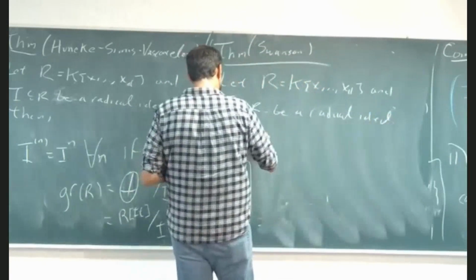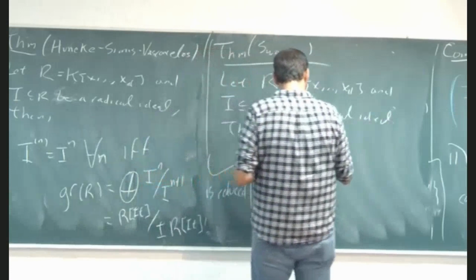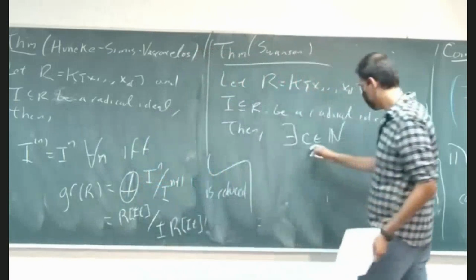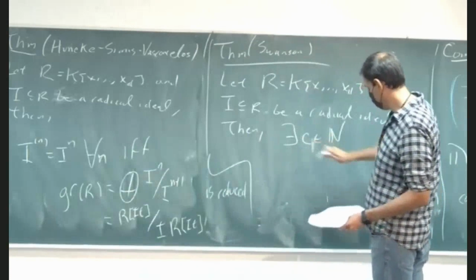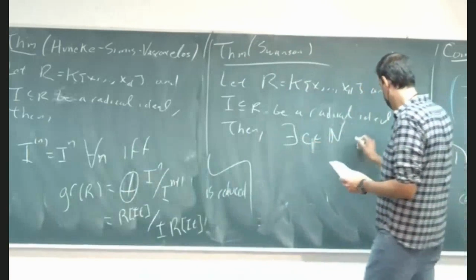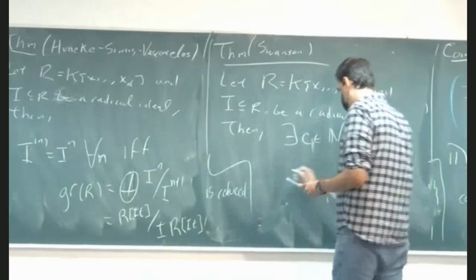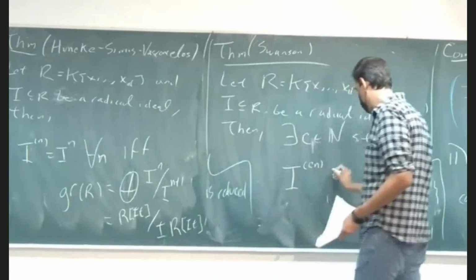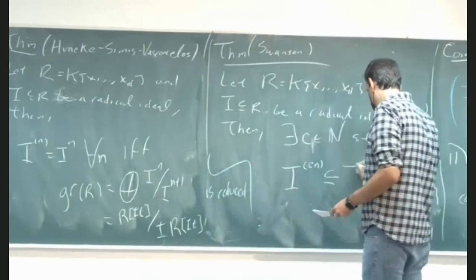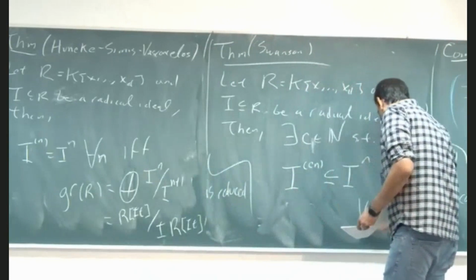Then there exists a C in N that depends on the ring, such that the C n symbolic power is contained in the ordinary power for every n.